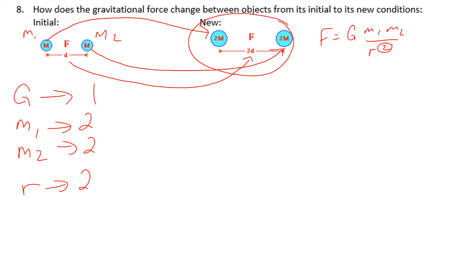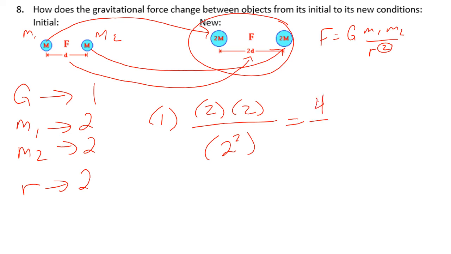So taking all that, we plug it into the equation: 1 for G. First mass is a factor of 2, second mass is a factor of 2, and then the distance or the radius there is going to be 2 squared. Looking at all that, we'll get 4 on top over 4 on bottom, which is simply just 1.